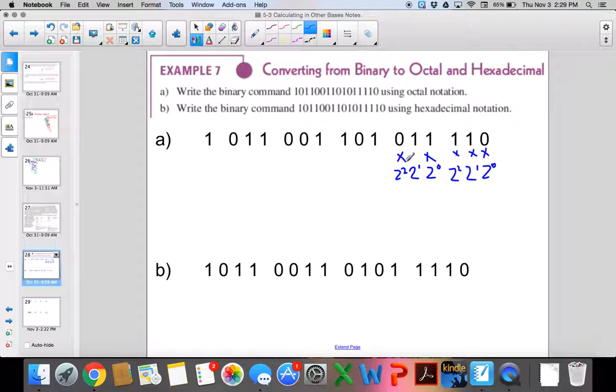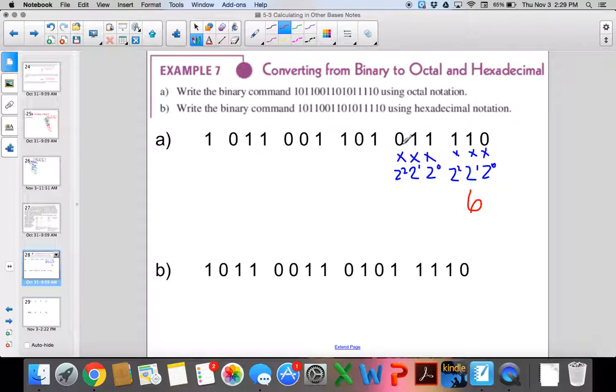So basically, you're just adding up the numbers 4, 2, 1, and 0 because that's all you're going to have. So 4 plus 2 plus 0 is 6.